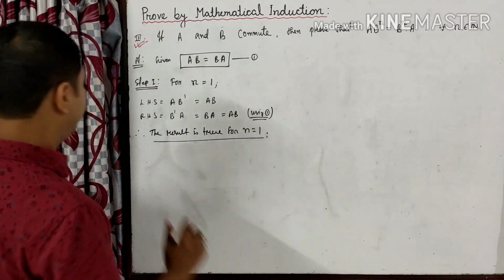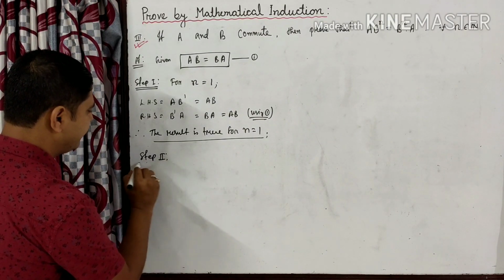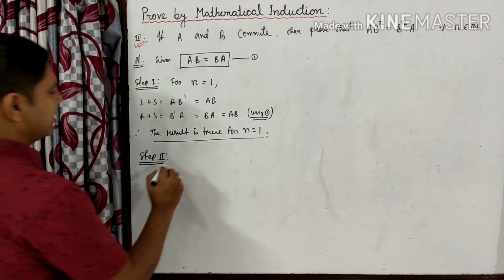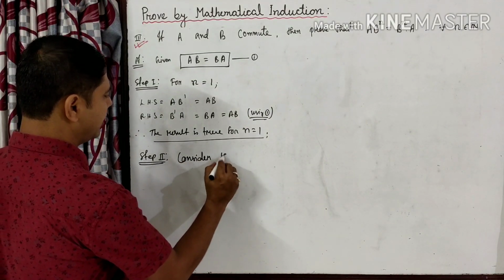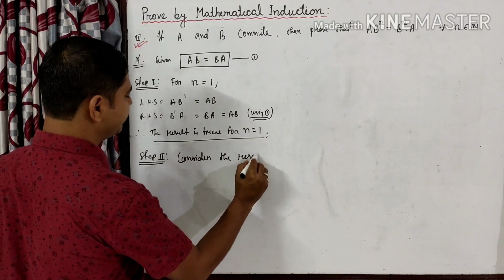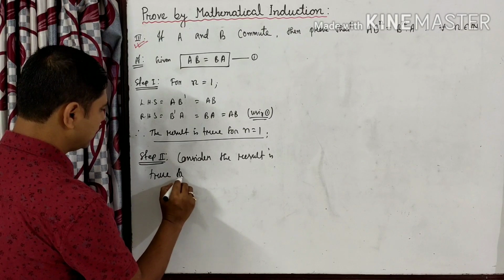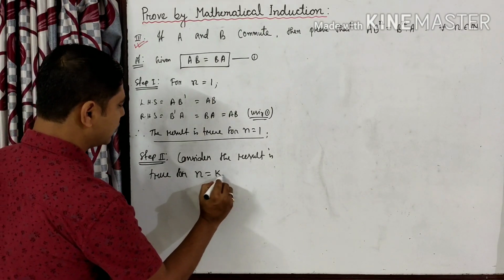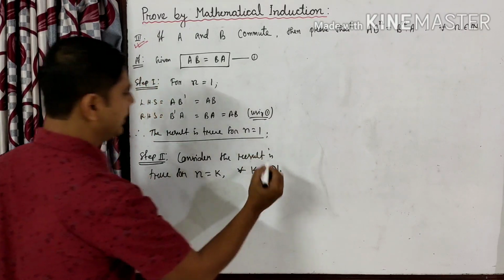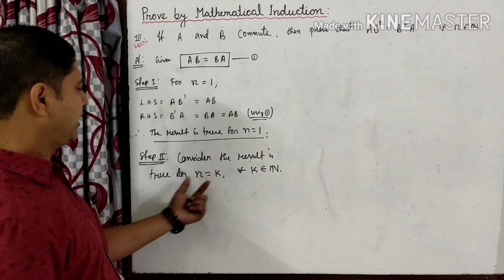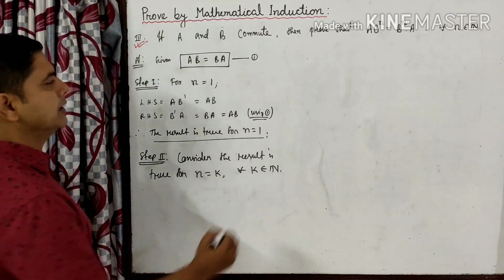Now I am going to discuss the second step, step 2. Consider the result is true for n equal to k, for all k belonging to the natural numbers.